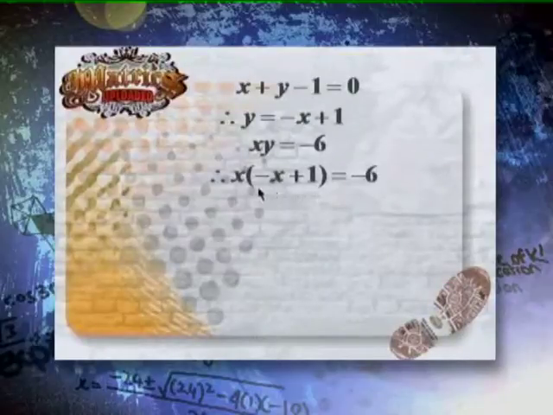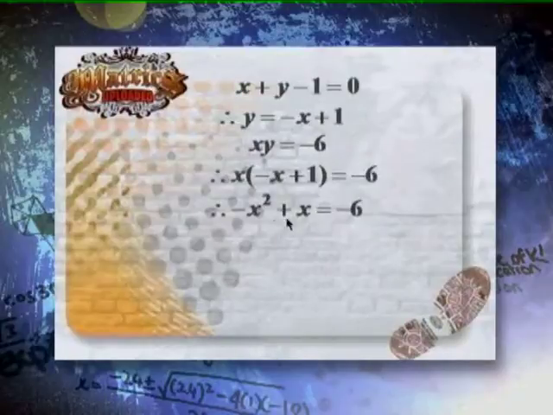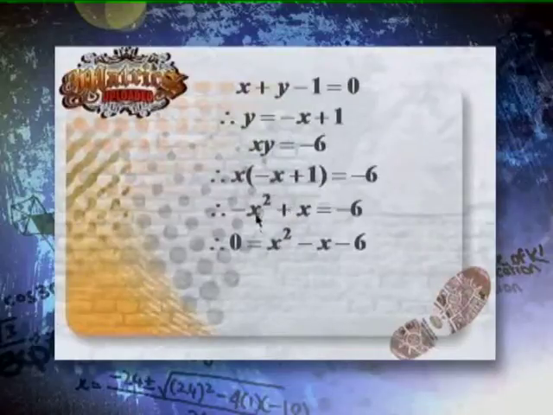Have a look, this negative x plus 1 is in the place of y: x times (negative x plus 1) equals negative 6. And you multiply the brackets, you get negative x squared plus x equals negative 6.